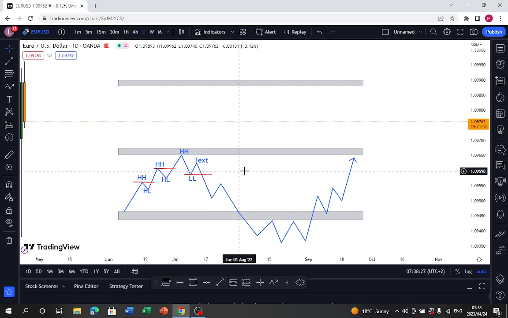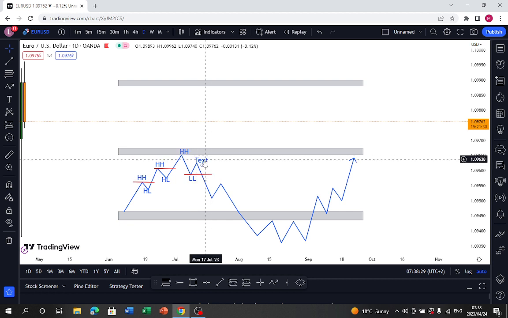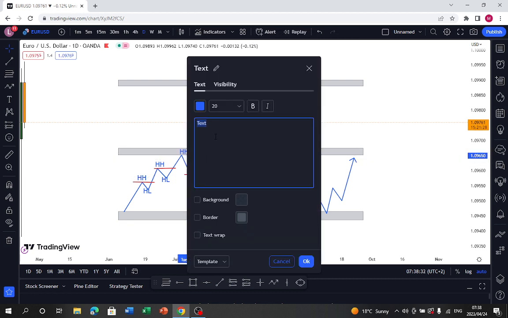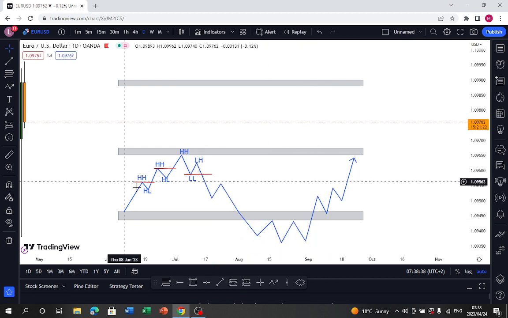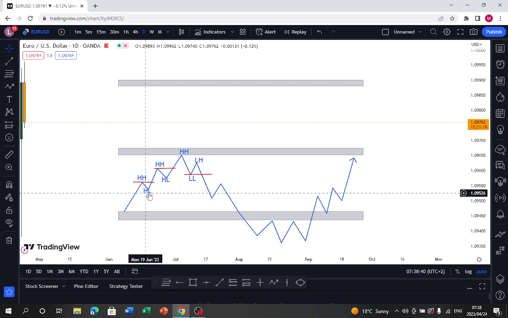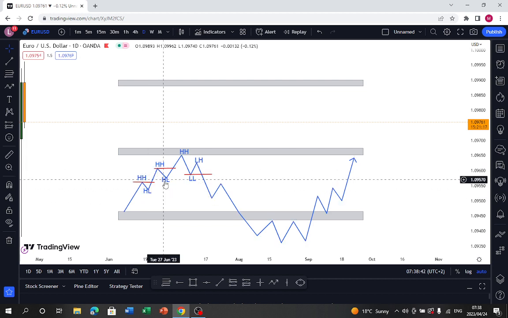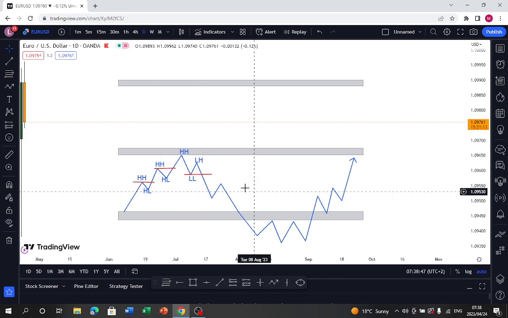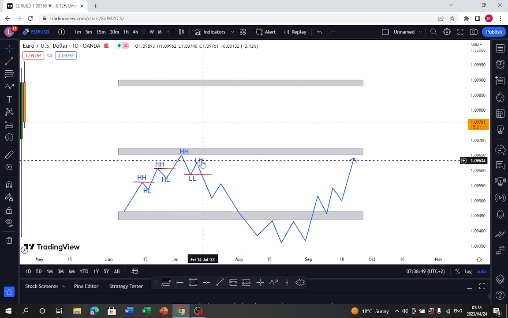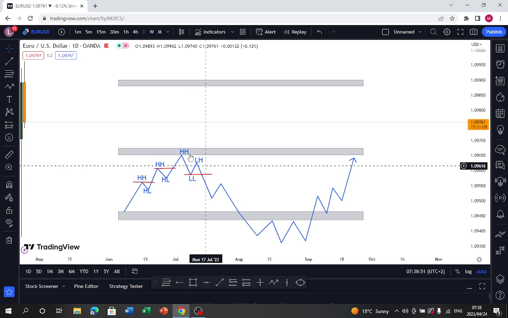After the market has broken this area. So here we have a lower high, right? Now we are selling, it's a different thing. Now it's no longer higher highs and higher lows. Now we're going to create a different series of market structure, which is going to be lower highs and lower lows.